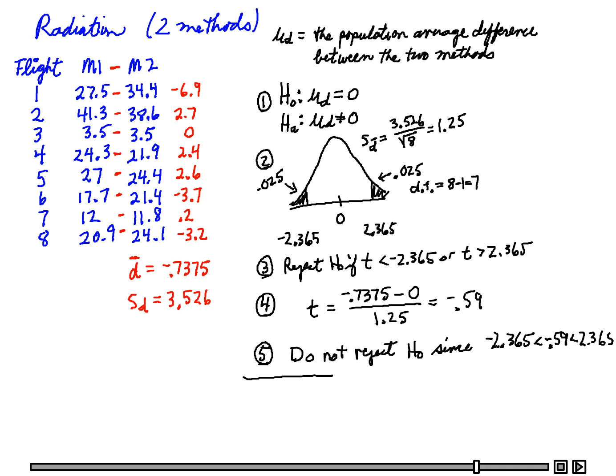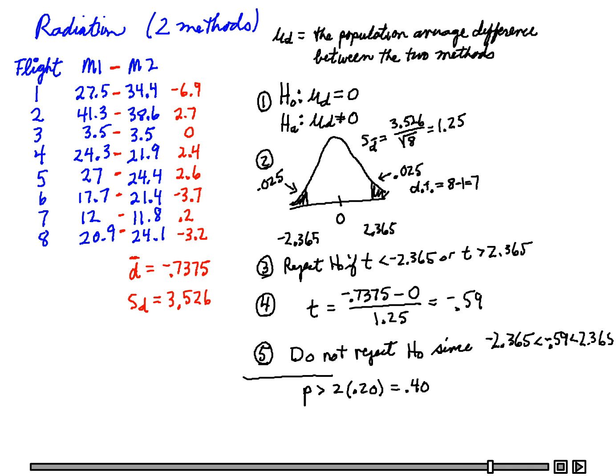So I know my p-value would be greater than 0.20, but this is a two-tailed test, so I actually have to double that. And I would indicate from the table that the p-value is greater than 2 times 0.20, which is equal to 0.40.